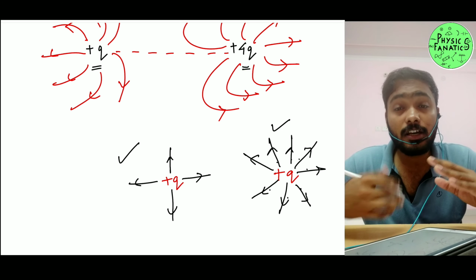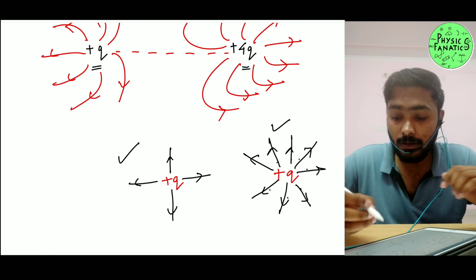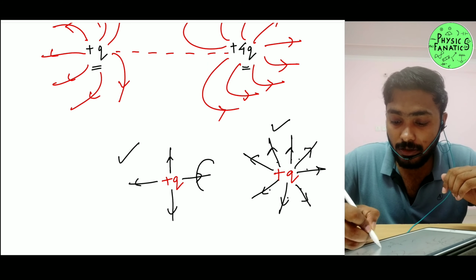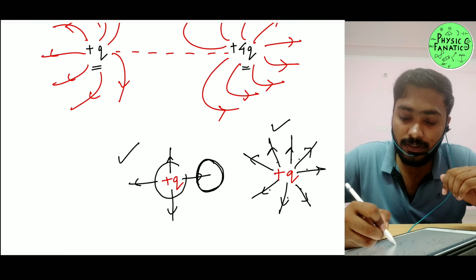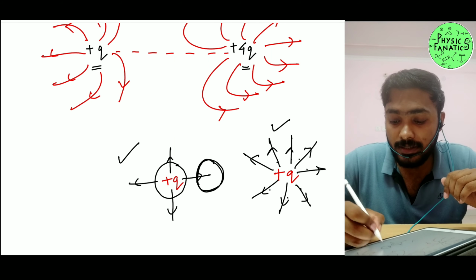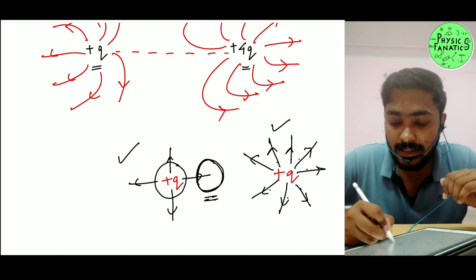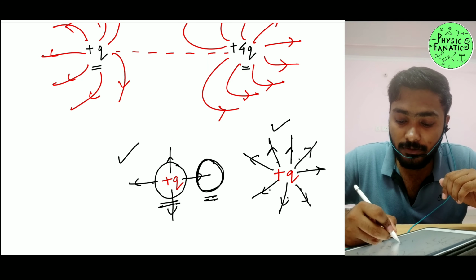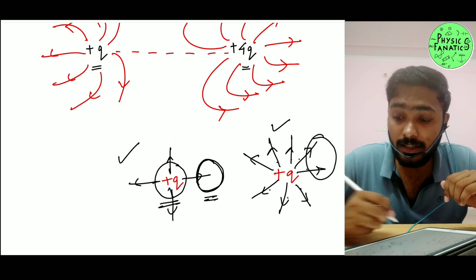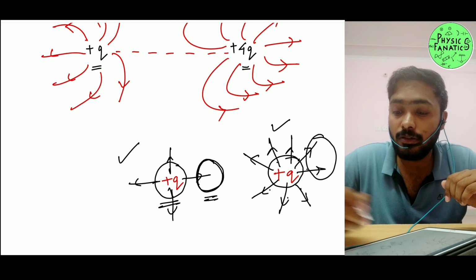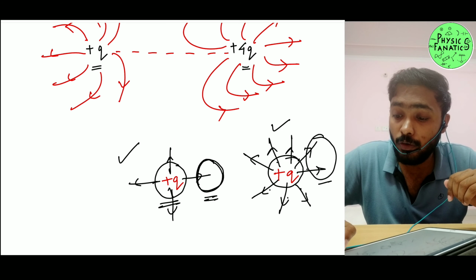The only difference is how you interpret it. If somebody asks you the strength of the electric field here and here, the strength is less here and more here, because there are 4 field lines. The same question can be asked in the other drawing, and you can see the strength over here is less compared to over here.